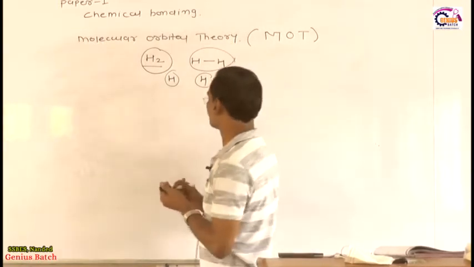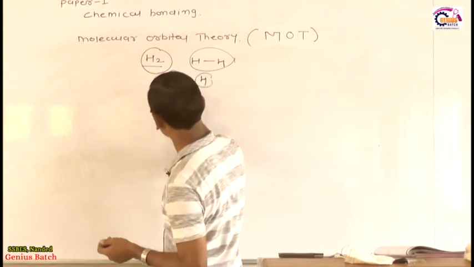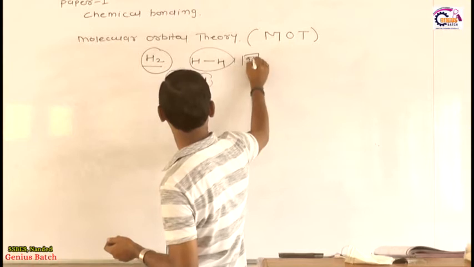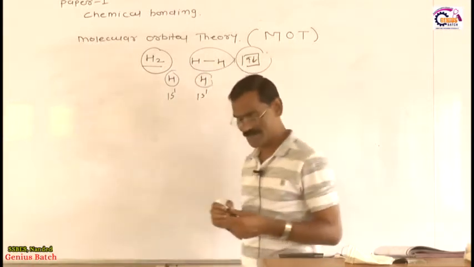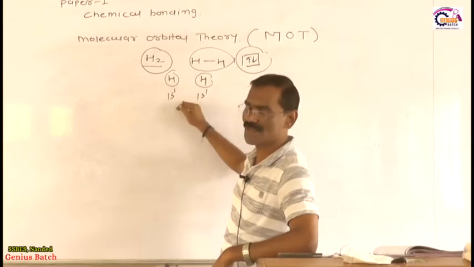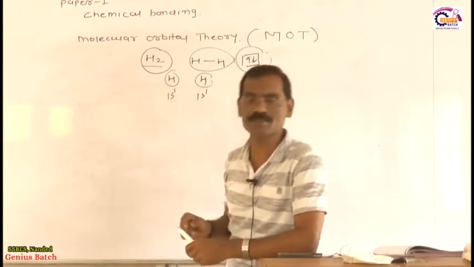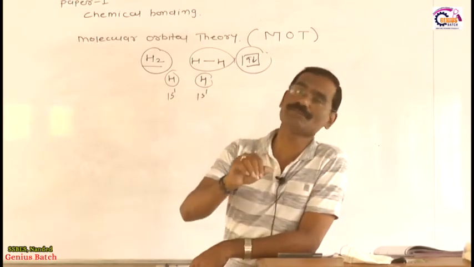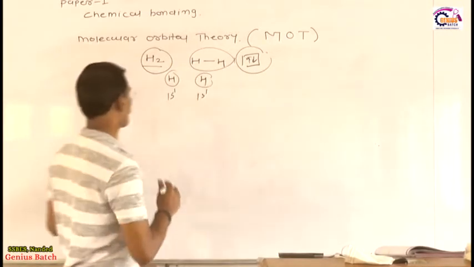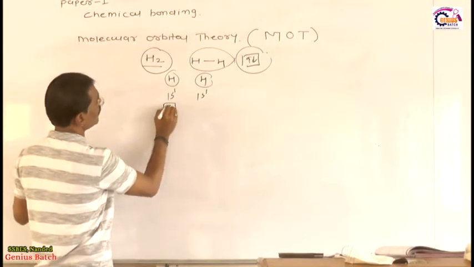Now in this case the hydrogen electronic configuration is 1s1, but in the H2 molecule the electronic configuration becomes like this. Whenever an electron is present in an orbital of an atom, such an orbital is called an atomic orbital.